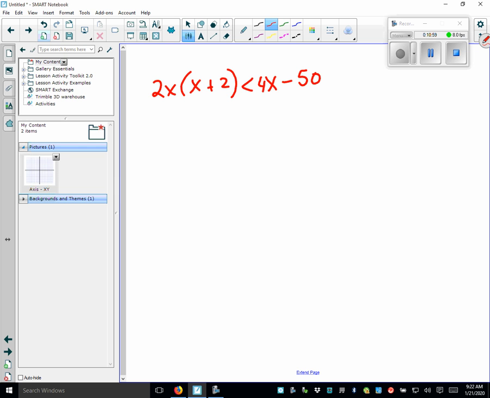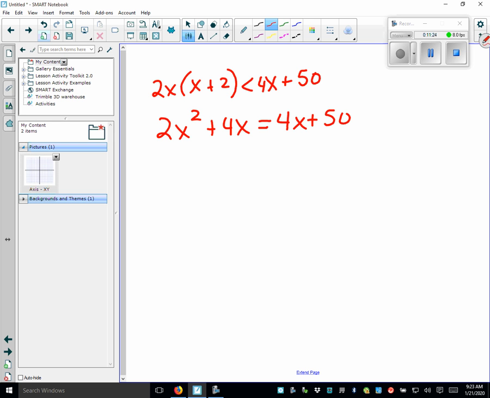Yes. All right. How do I solve that inequality? Well, distribute the 2x. So 2x squared plus 4x equals 4x. Oh, let's do a plus 50.